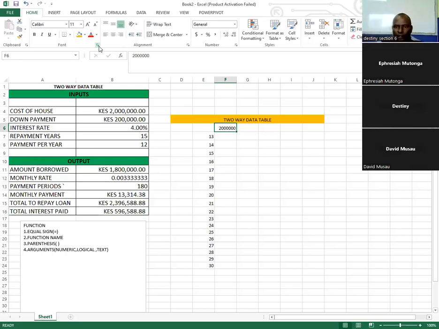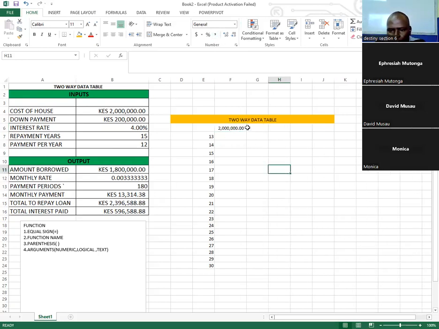So, 2 million here. So a 1,000 separator, so that at least you can see it, and then we can do the same thing, equal sign, this 2 million, maybe plus 500,000, 1, 2, 3.